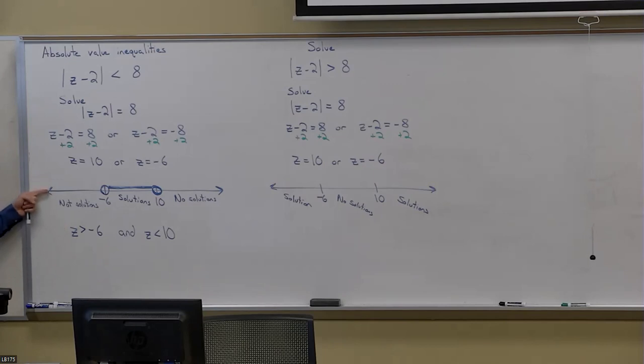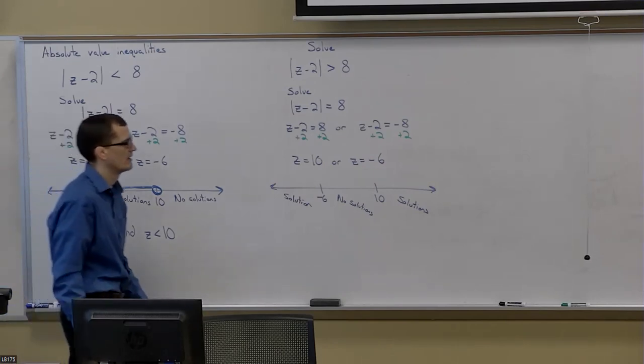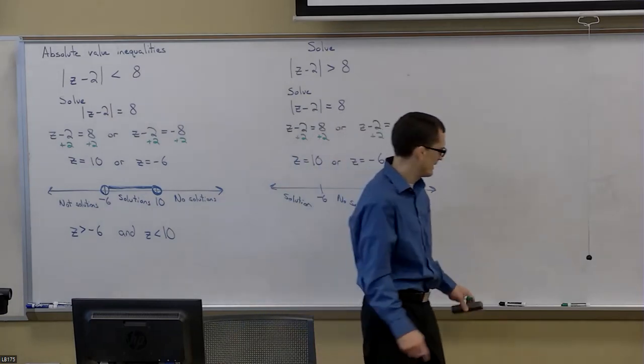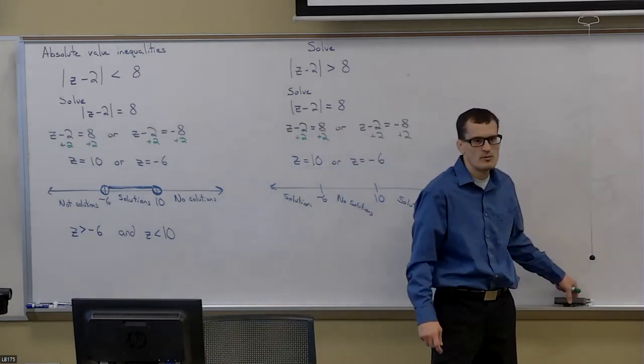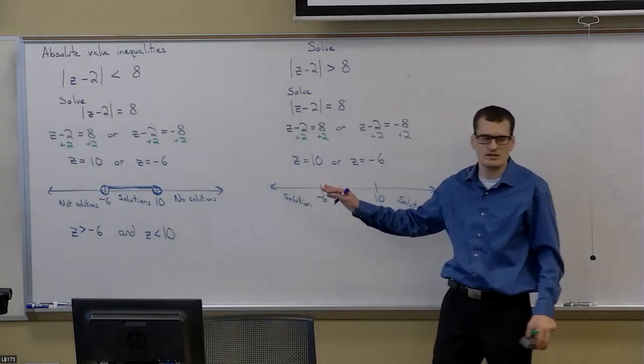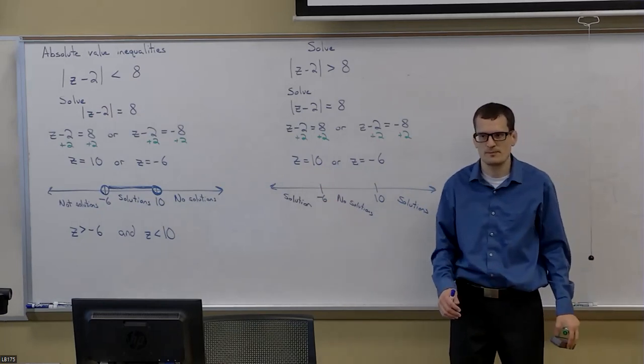This is the number line version of the solution. I'll show you a way to get the algebraic solution without having to think through it and look on the number line in just a moment. Okay.